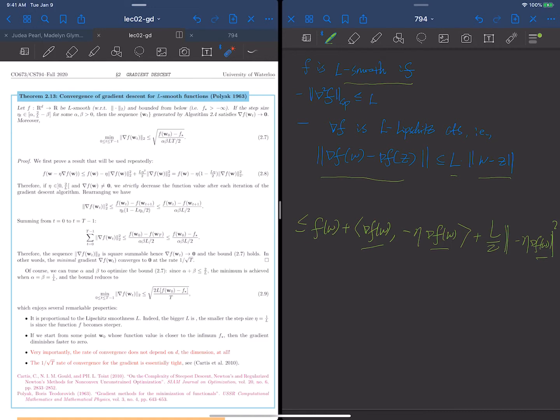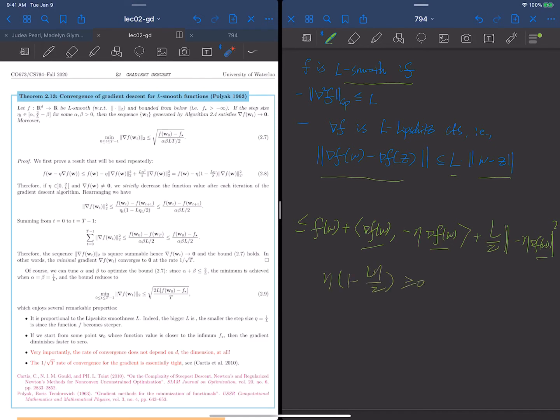And then we realize if this term here is positive, then we actually decrease the function value by doing the gradient descent step. So when is this term positive? Well, it is 1 minus L eta divided by 2.